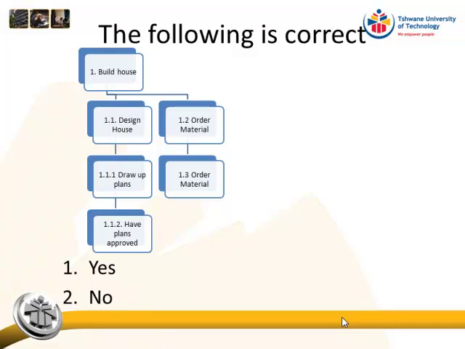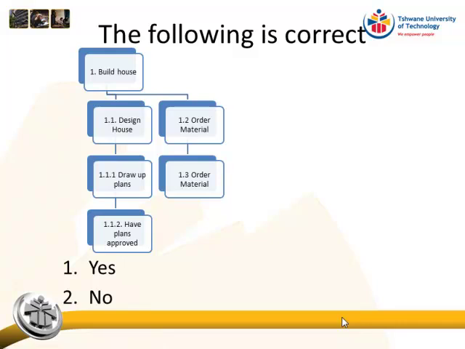Whereas if I look here and I say, I've drawn up the plans and I've had the plans approved, do I now have a designed house? Yes, because I've drawn up the plans and the plans have been approved. So now I have a designed house. Whereas here, I've approved the plans. Does that mean I've drawn up the plans? No. Because remember, these lines have specific meanings.